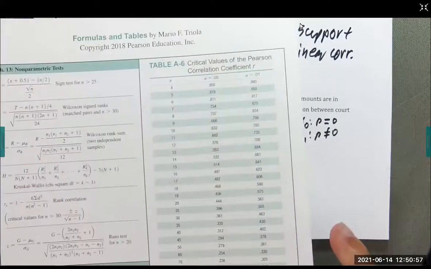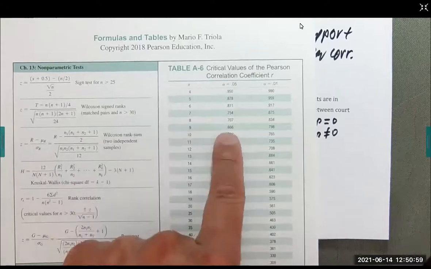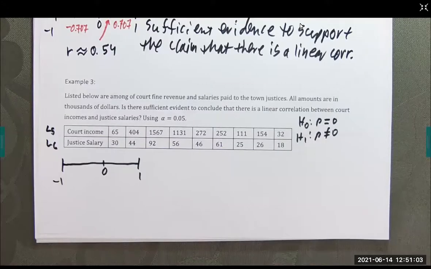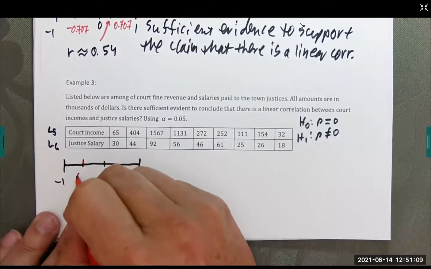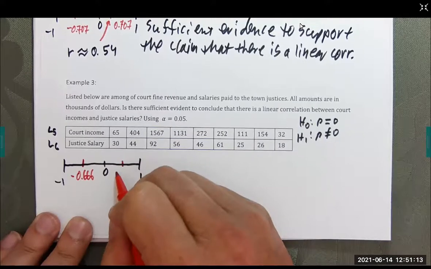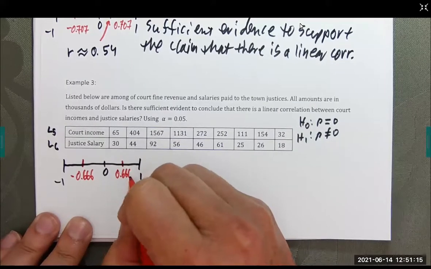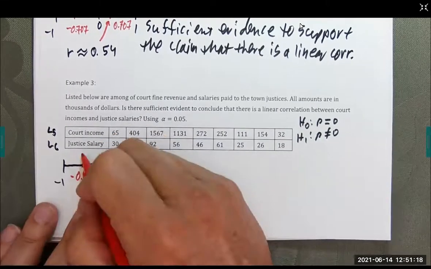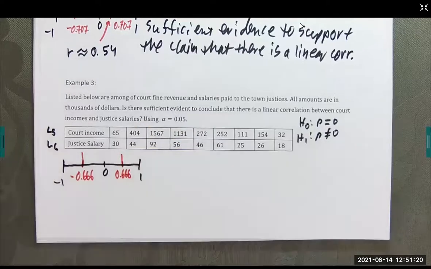So we are at 9 and 0.05. That's 0.666. So once again, if we're between these two, no linear correlation. If we are between these numbers and the 1 or -1, then there is a linear correlation. So let's see what we got.